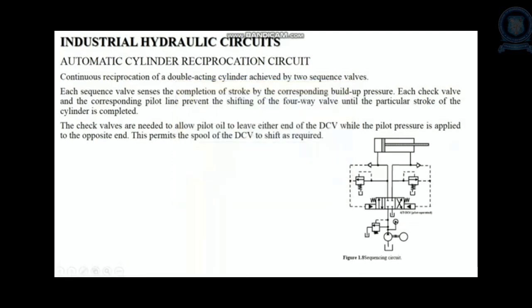The fluid enters the rod end of the cylinder, so the piston retracts. At the end of the retraction, the pressure inside the sequence valve increases, so the secondary port of this sequence valve will open. The fluid enters this DCV to activate the first position. Like this, the operation will be repeated, so automatically we get reciprocating movements.